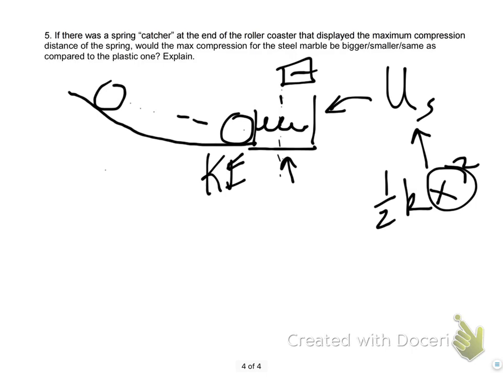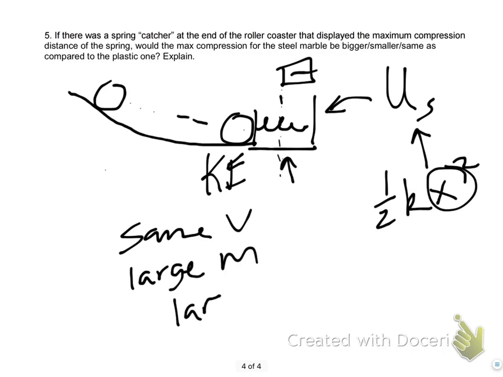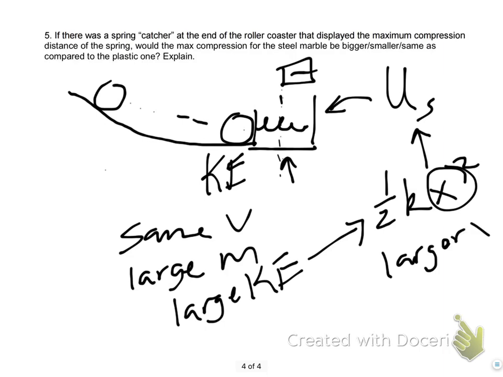So which one has more kinetic energy when it hits? Even though it's the same velocity, same velocity does not necessarily mean same kinetic energy, because if you have a larger mass, then you're going to have a larger kinetic energy. And if you have a larger kinetic energy turning into potential energy, that means you're going to have a larger x.